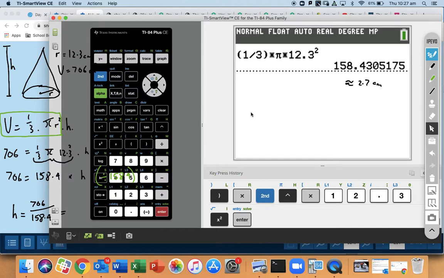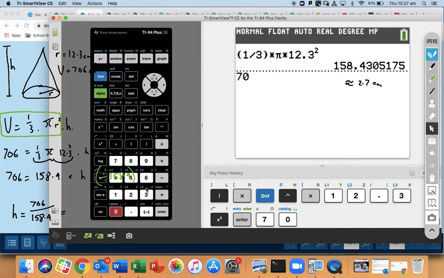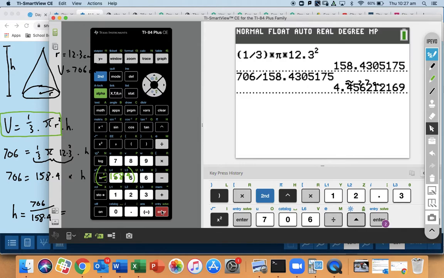Back to the calculator. So we need 706 divided by our previous answer equals, it's a bit hard to read, but it says 4.456. Let's make it approximately 4.5 with some rounding.